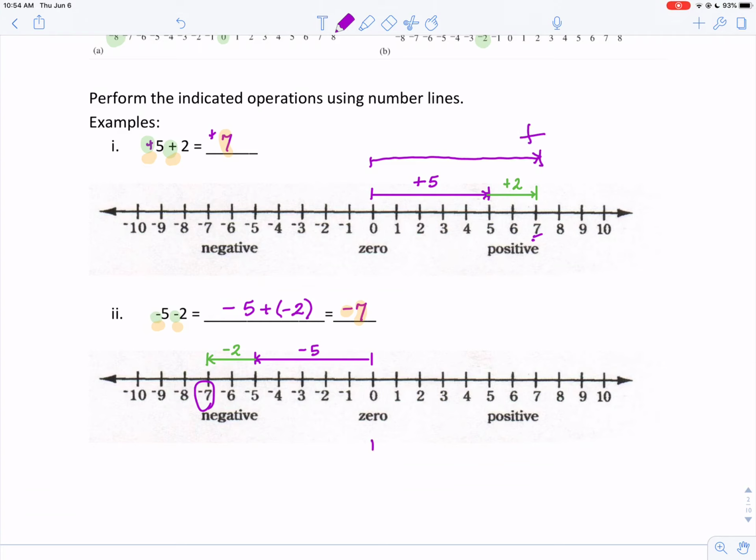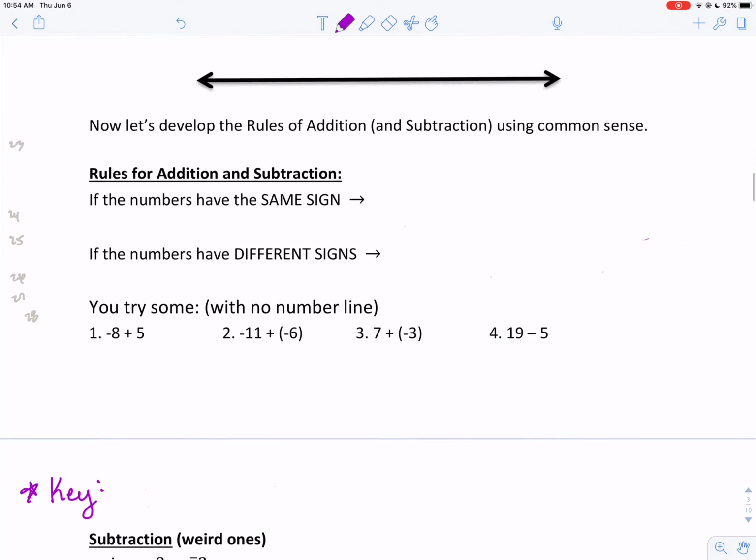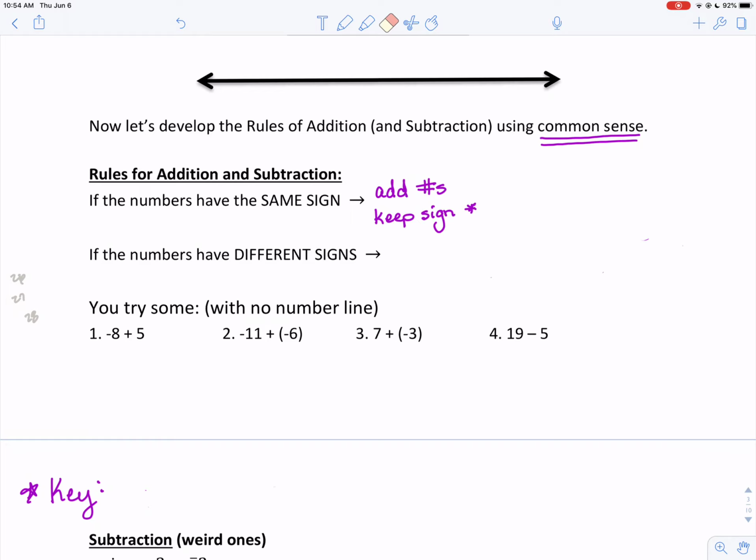If you start at 0 and go in the negative direction and keep going in the negative direction, of course you're going to wind up in the negative direction. So, the first rule: if the numbers have the same sign, you're going to add them together, and then you're going to keep the sign.